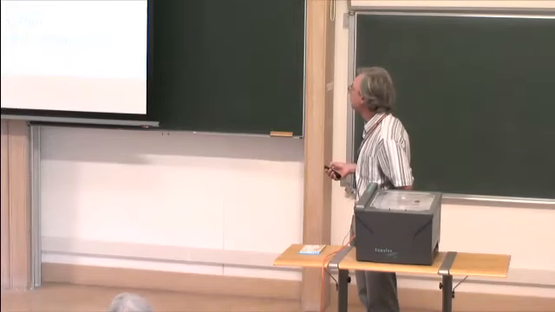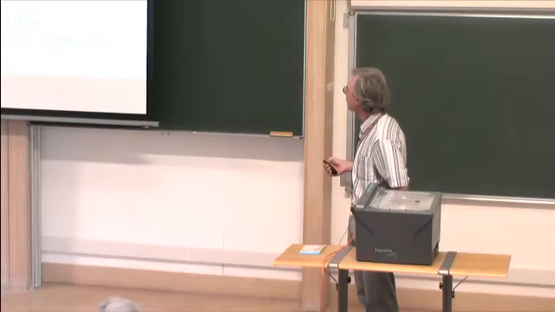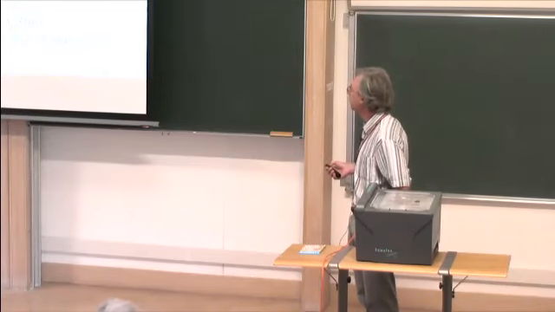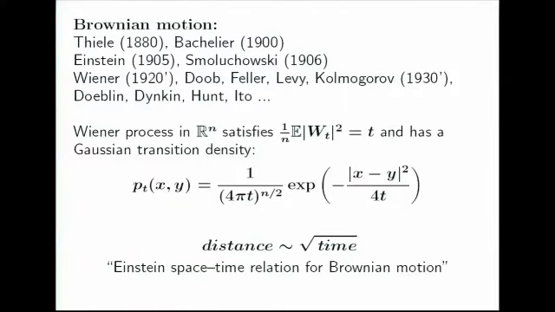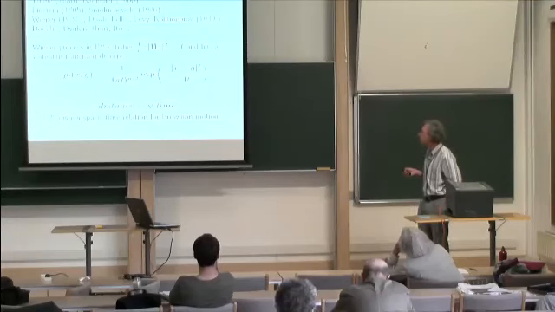A lot of probabilists studied Brownian motion, so it started with Doob, Feller, Lévy, Kolmogorov in the 30s, but then after World War II, really there is a long list of people who studied it. But actually this knowledge, I think, did not percolate into physics yet. There is a lot of knowledge about Brownian motion developed by mathematicians, which is not used in physics.